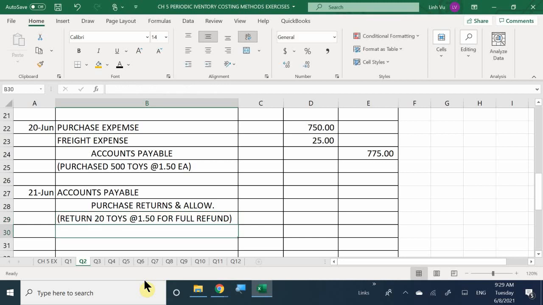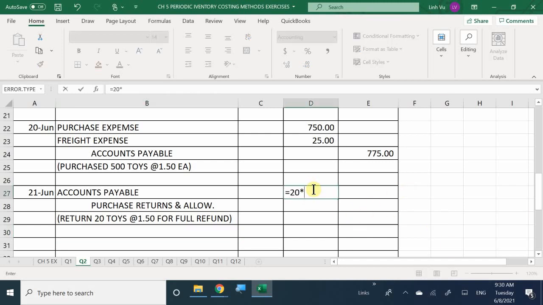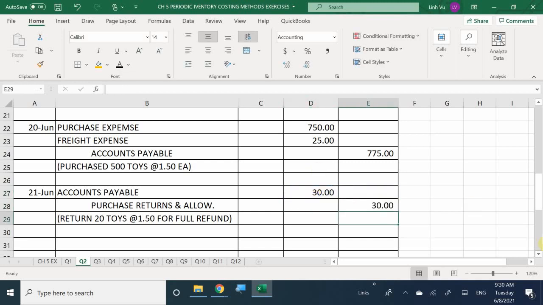So refund 20 toys at $1.50 for a full refund. If you do your calculation, 20 times 1.50 gives you 30. So my full refund is $30.